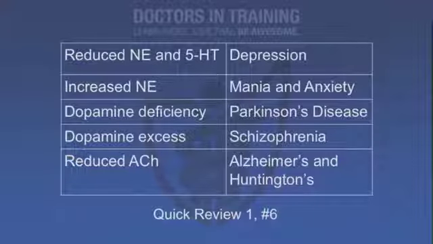And that makes sense because norepinephrine is excitatory. Dopamine deficiency. Well, we've been talking about this. Parkinson's disease, obviously. Dopamine excess, and we've talked about this briefly as well, and this can lead to schizophrenia or psychosis, so it worsens hallucinations. And then reduced acetylcholine, that's going to be your Alzheimer's disease and your Huntington's disease.